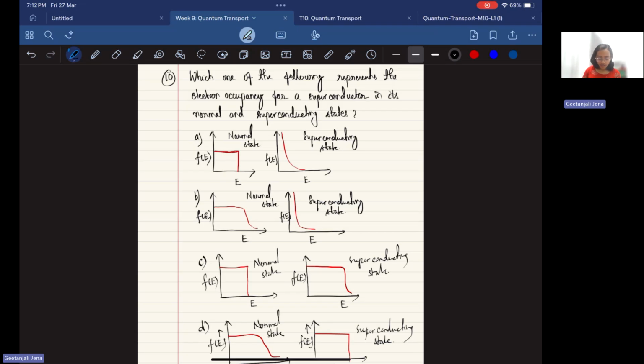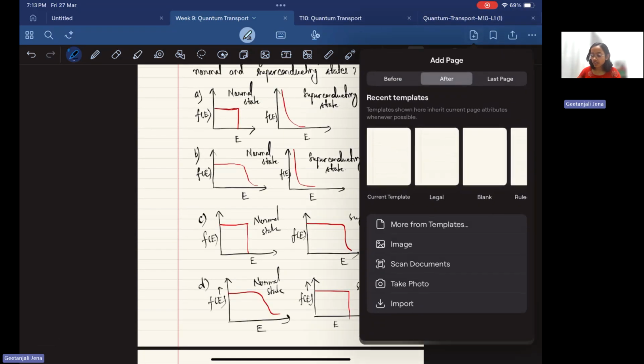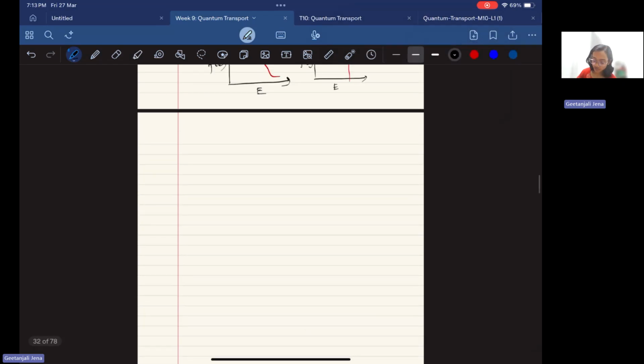Okay. So for this case, if you recall the normal state, the charge transport is happening through electron charges. Electrons are fermions and they have half-integral spin.